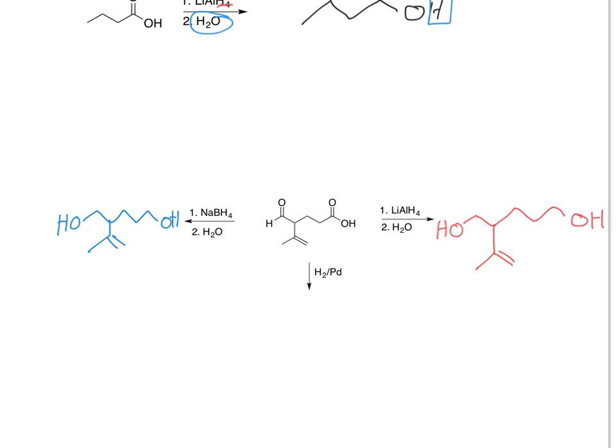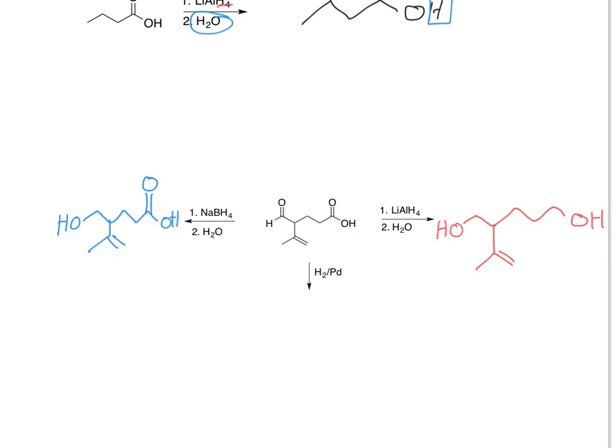So what we've done is we've kept the carboxylic acid that we had in our starting material. We've reduced the aldehyde to an OH, and it would do the same for ketones. And we've also left the alkene alone. So sodium borohydride, since it's milder, won't react with carboxylic acids, and eventually we'll see the same for esters.